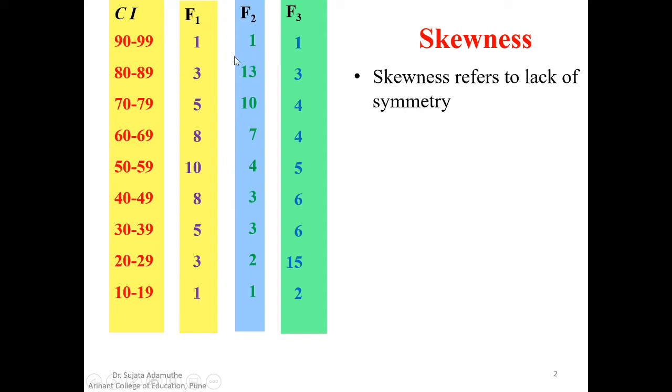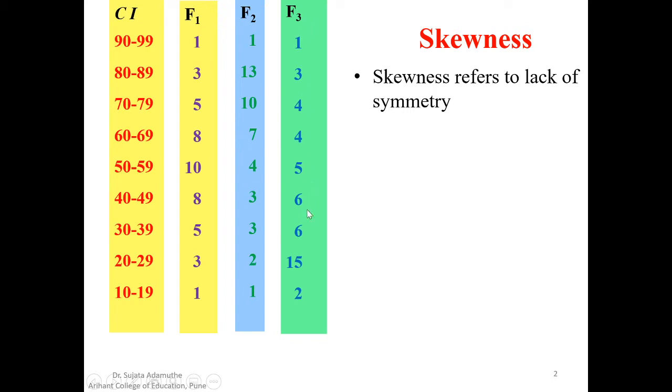But in the second group the frequency is concentrated at 80 to 89, and if we draw the curve of this group, the highest point will come on the right side and it will reduce. The frequencies are not distributed symmetrically on both sides.